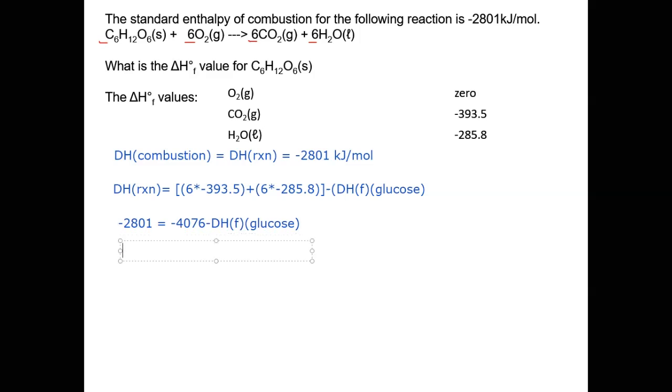So now we get 1275 equals the negative delta H formation of glucose.